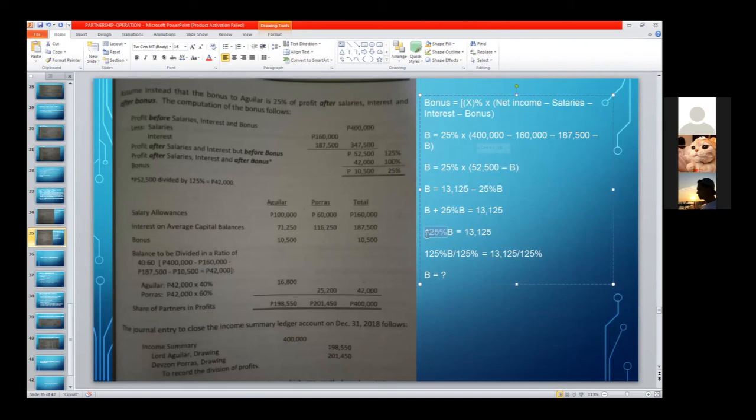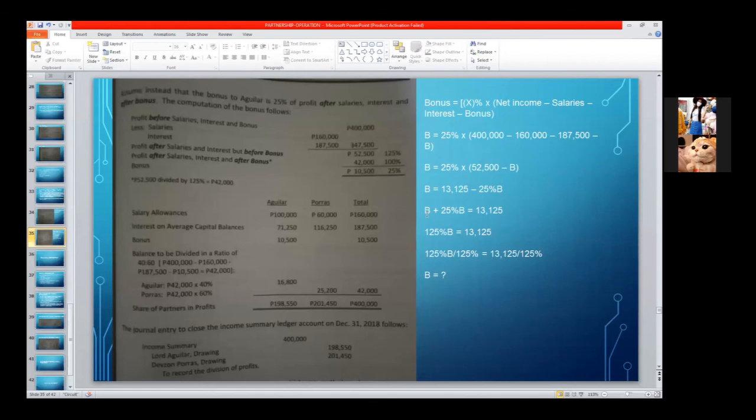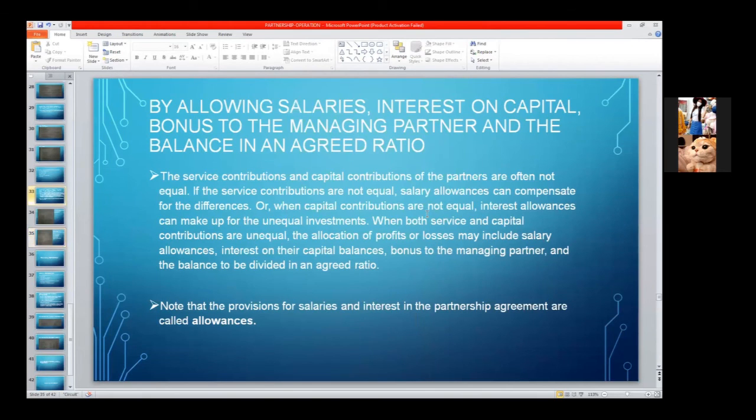Para ma-cancel out itong 125%, i-divide nyo silang dalawa ng 125% din. So kaya, ayan dinivide din natin. Okay, tuloy natin. Saan na yun?